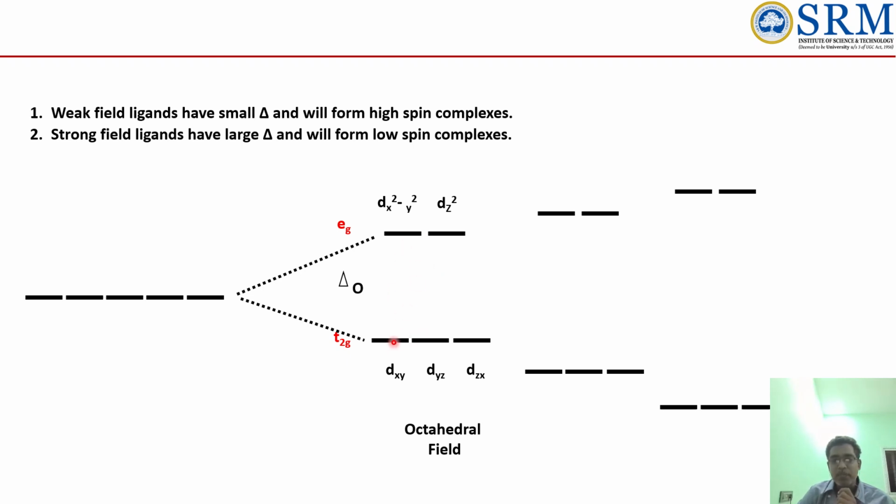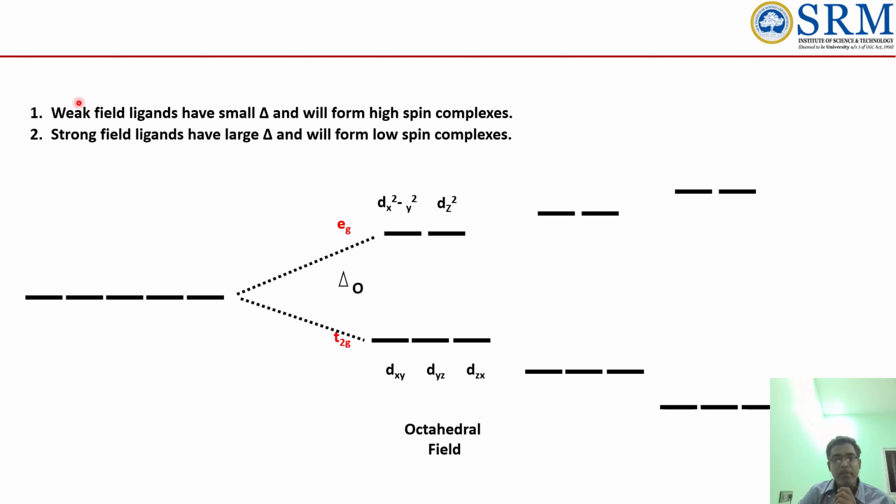If the splitting is very small, that is, if the gap between T2G and EG is small, the fourth electron tends to go to dx square minus y square. So the overall spin of this complex is contributed by four unpaired electrons: one from dxy, a second from dyz, a third from dzx, and a fourth from dx square minus y square.